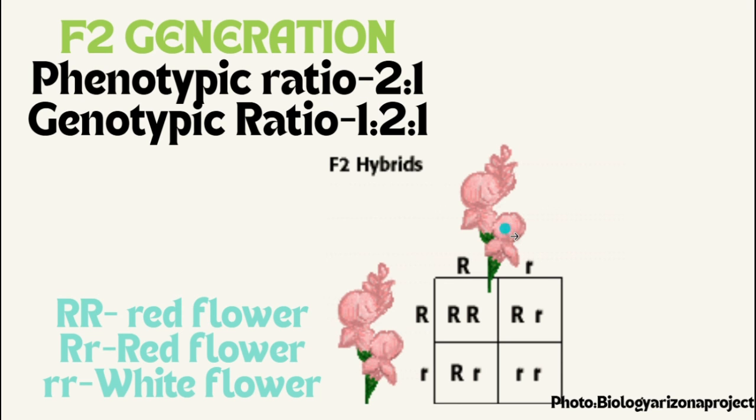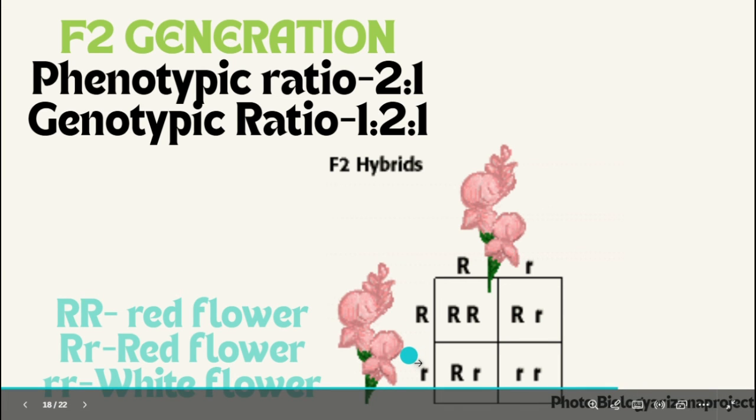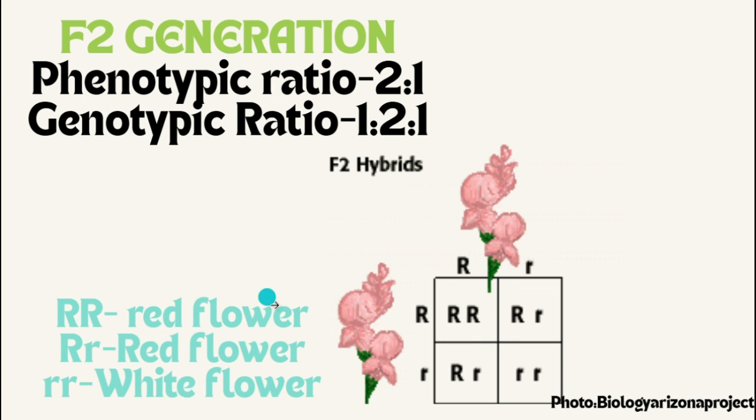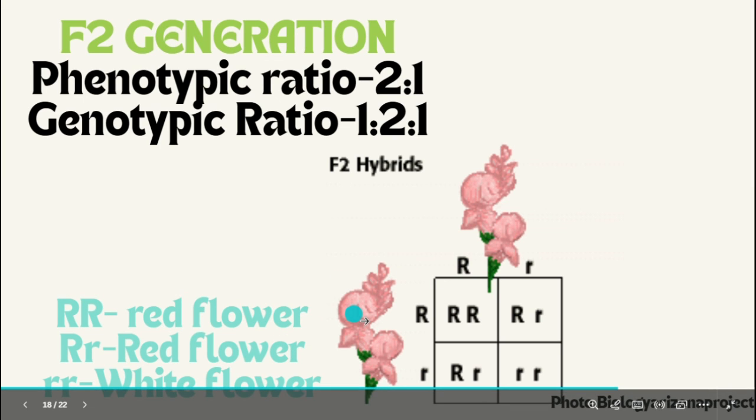Now when we go to the second generation, if a heterozygous crosses with another heterozygous, in this case we're going to use big R for red flowers, big R little r also for red flowers, and little r for white flowers.